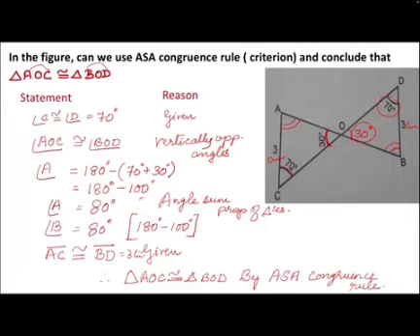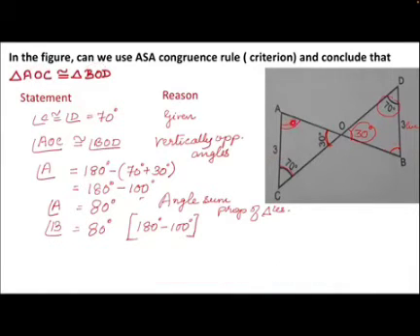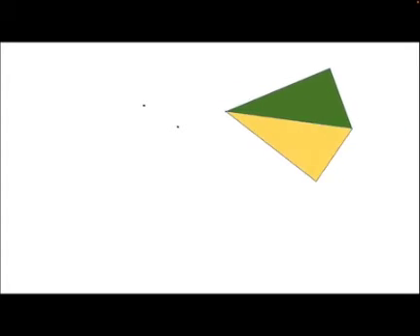Is that clear, children? So using ASA congruence criterion, we have proved that triangle AOC is congruent to triangle BOD. Next. Please look at the figure.